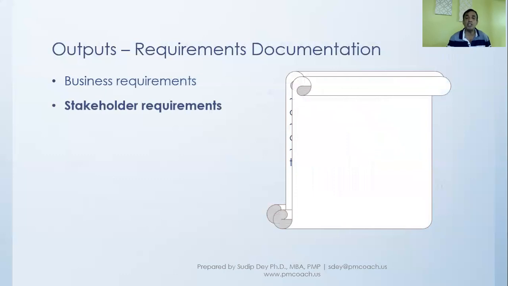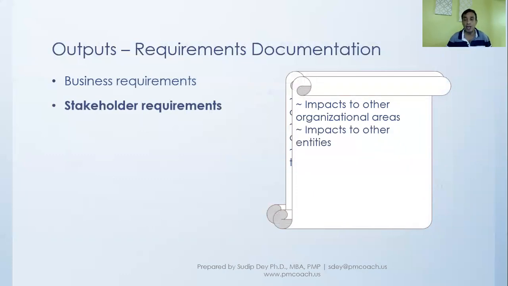Stakeholder requirements. What do stakeholder requirements have? Impacts to other organizational areas, because we want to ensure that we are not just addressing our primary stakeholder, but if there are some indirect stakeholders, other areas that get affected, we should also look at that aspect as well.